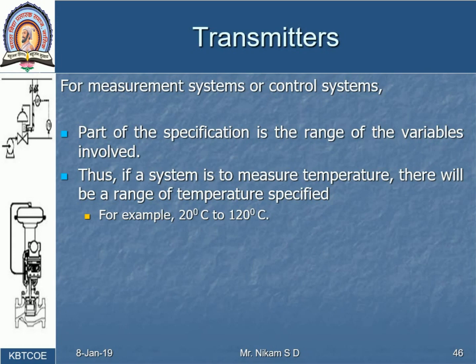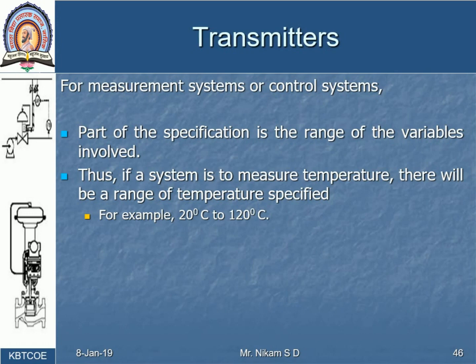Where do I want it? Okay, I use the RTD. I use a thermocouple. As you know about the RTD, PT100, at 0 degree centigrade, how much resistance? It is 100 ohm. Very good, very correct.